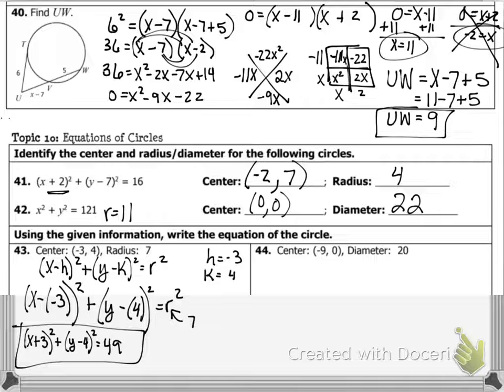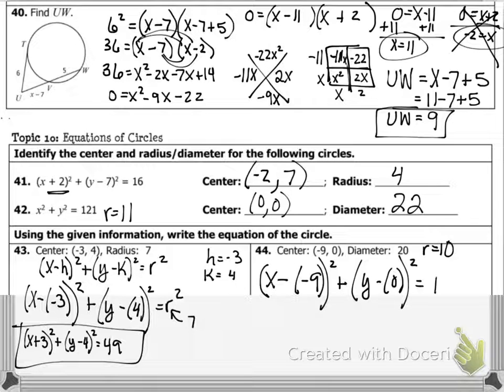And then on 44, the diameter is 20. So that means my radius is 10. And my center, x minus negative 9 squared plus y minus 0 squared equals my radius squared.